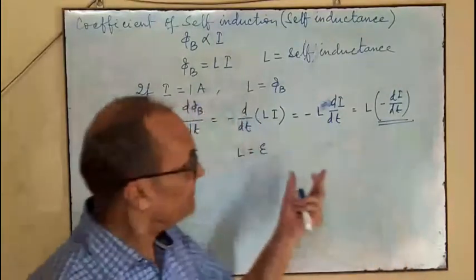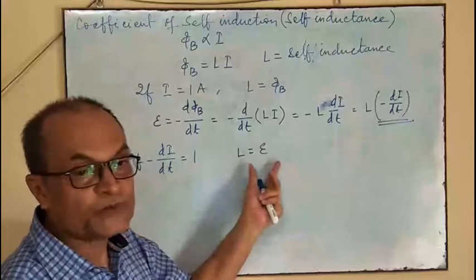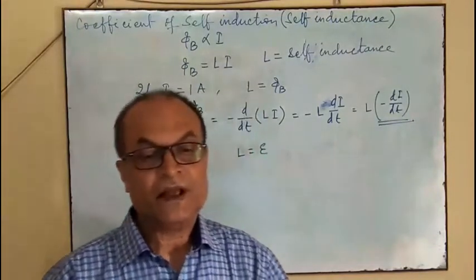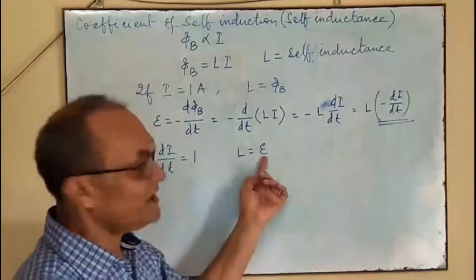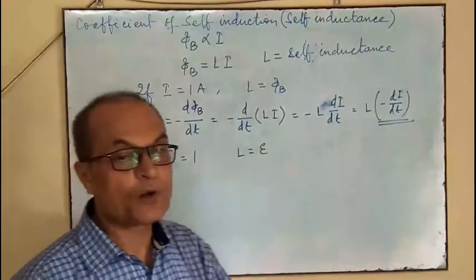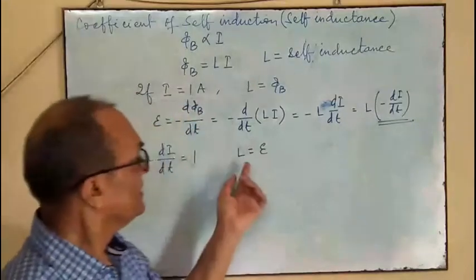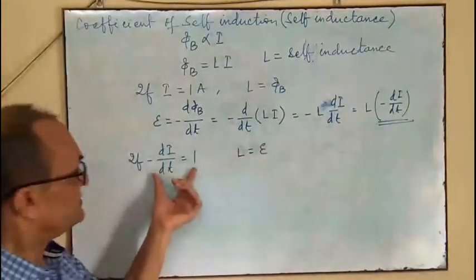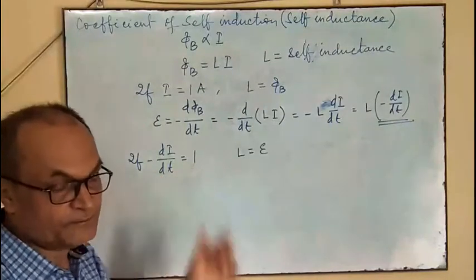So on the basis of this we can also define self-inductance as the induced EMF produced in the coil when the rate of decrease of current is unity.